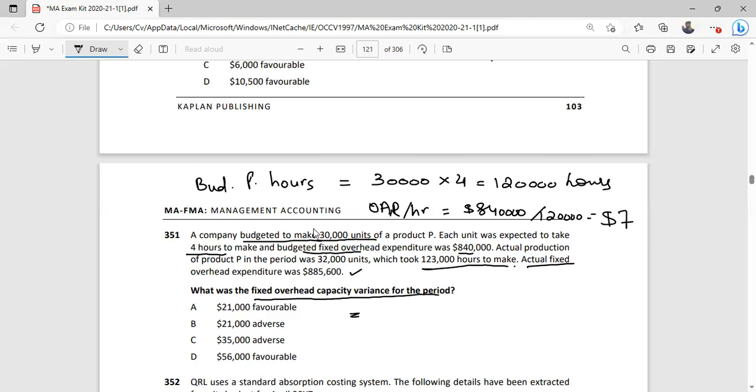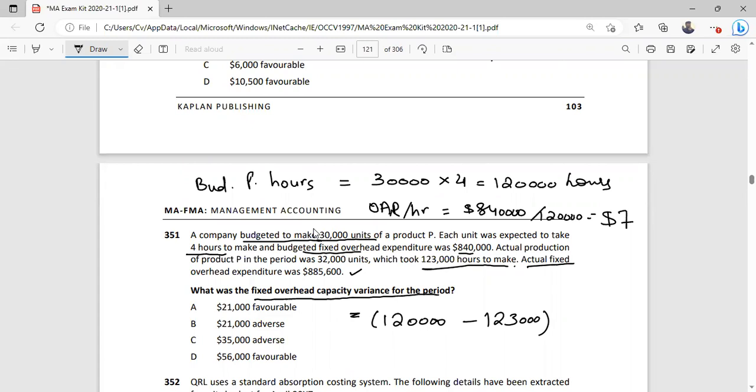Capacity variance deals with budgeted and actual hours. Budgeted hours are 120,000. Actual hours are 123,000. It means we paid fixed overheads for 120,000 hours, but we actually took 123,000 hours to complete the job.